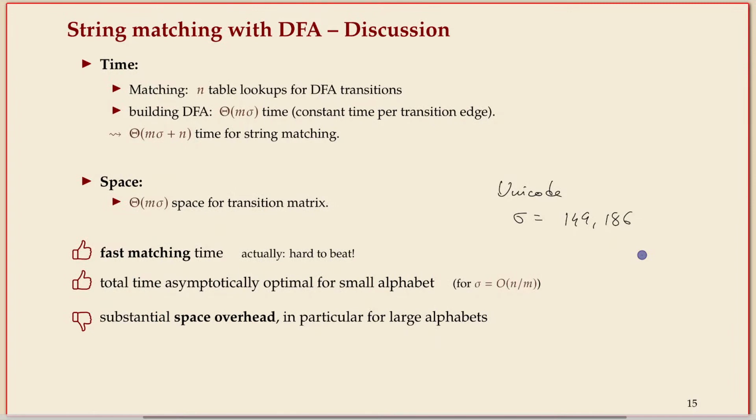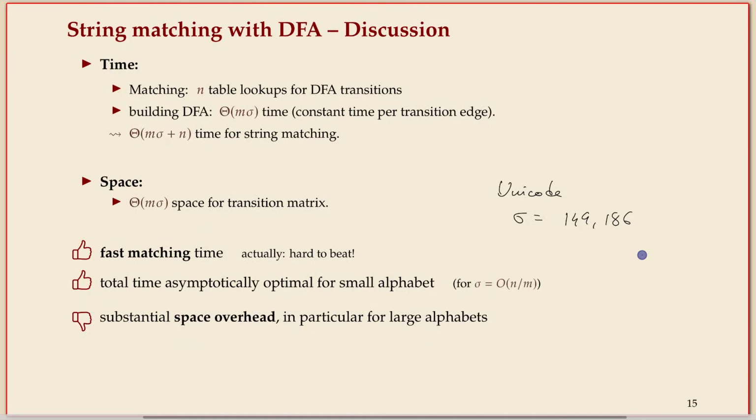Now, that's quite a lot if that's a multiplicative factor for your pattern. Suppose your pattern is a few thousand characters. Now you multiply this with 100K. Now suddenly this is megabytes and megabytes of table, and most of the entries will be all zeros, because if your pattern's just 1,000 characters long, most of the 150,000 emojis won't occur in it, right?